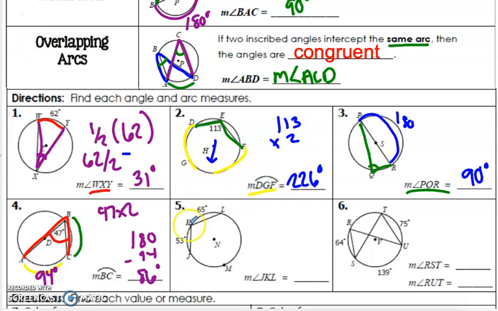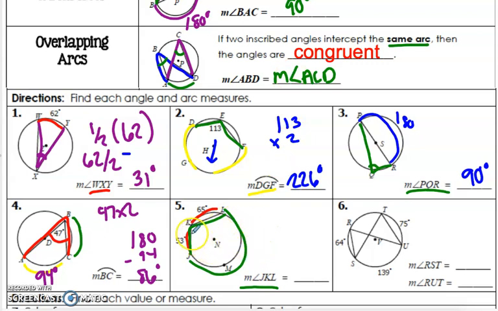Looking at number 5, I noticed that they give me 2 arcs of 53 and 65, but the question is wanting me to figure out the measure of JKL. JKL is our inscribed angle right here, which opens up to this really major intercepted arc.